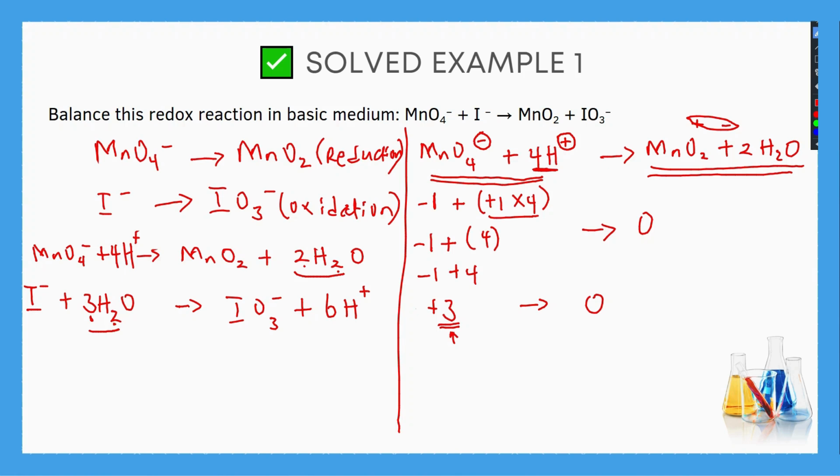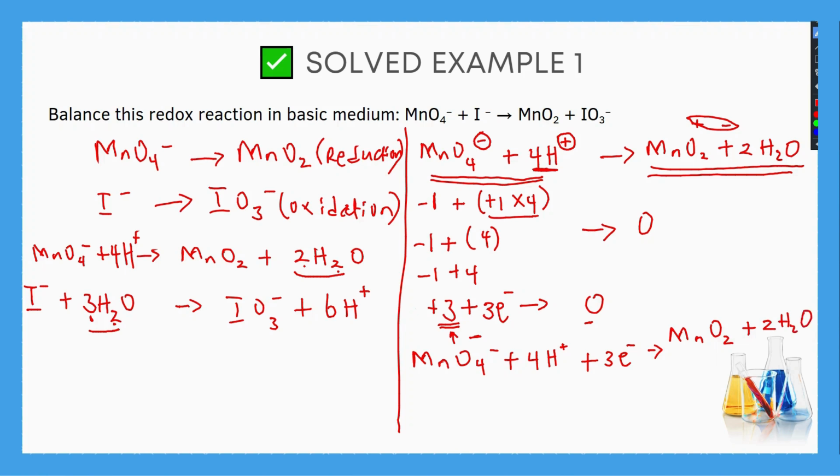So that means we need to add 3 electrons or 3 e minus in order to make this side equal to this side. So putting that in the equation now gives us MnO4 minus plus 4H plus plus 3e minus, giving us MnO2 plus 2H2O. Did you see how we do that?